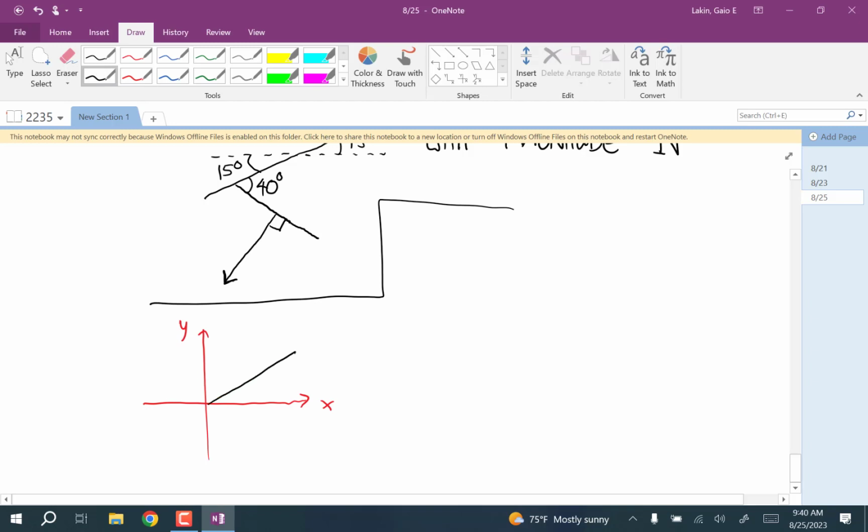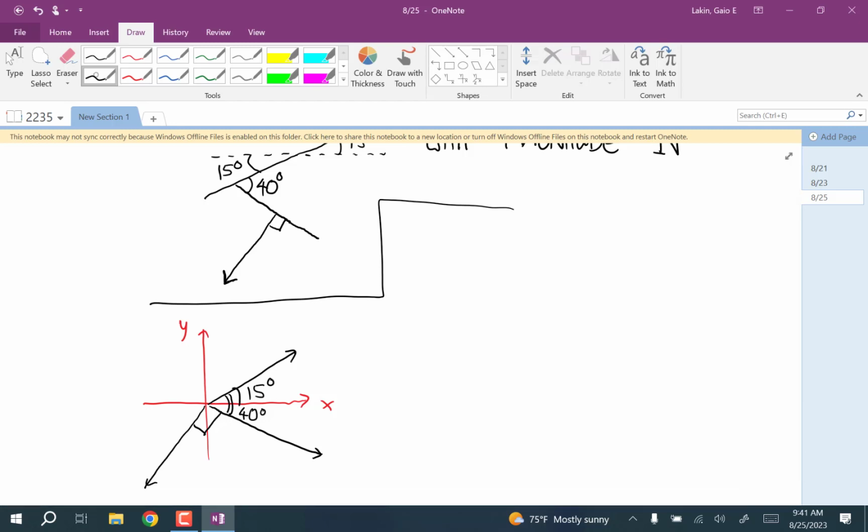And the first vector is this way, and this angle is 15. And then from that one, this angle is 40. So that's that double angle mark. It goes all the way from the vector in the first quadrant to this second vector. And then the third one is like this, and those are 90 degrees apart.